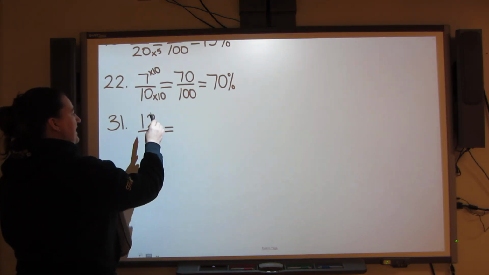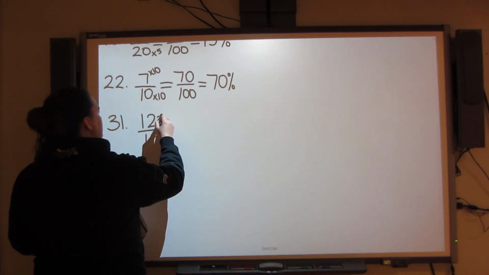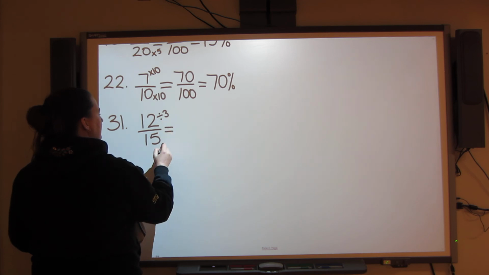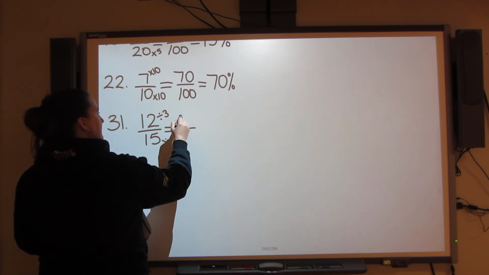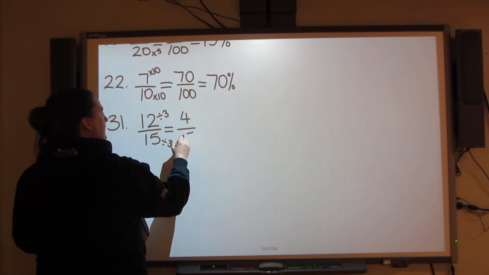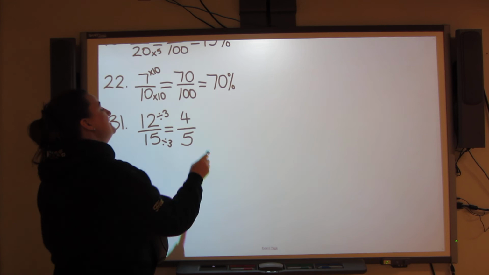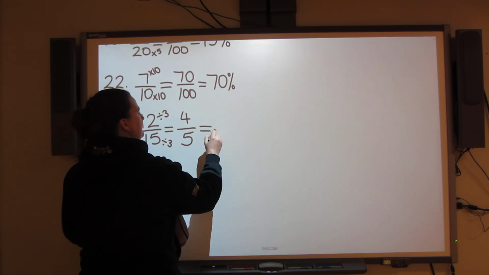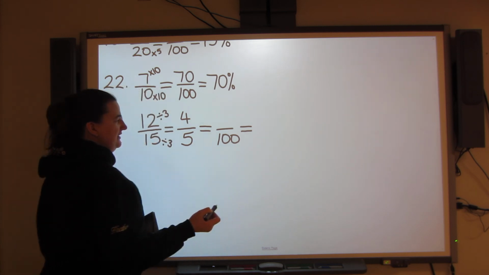What number can we divide into 12 and 15 to make them smaller? I can divide them both by 3. So that turns into 4 over 5. Now, my 100 math facts, I can have 5, and I can change it into 100.